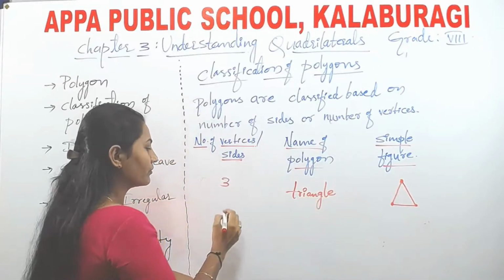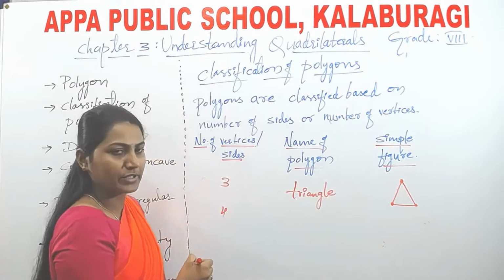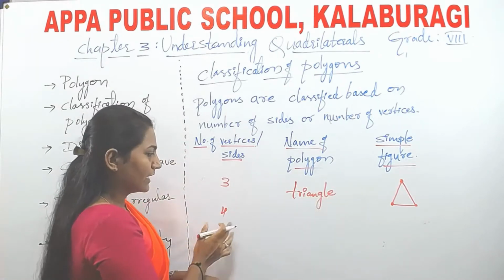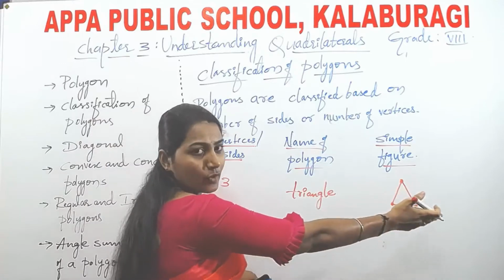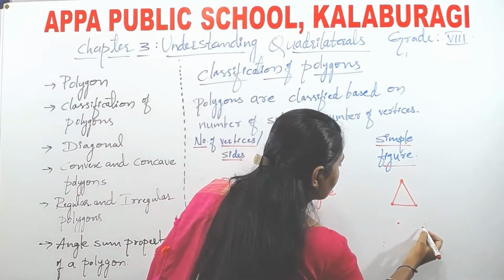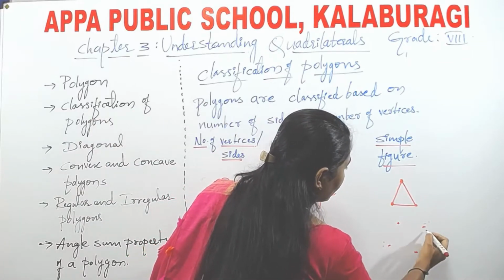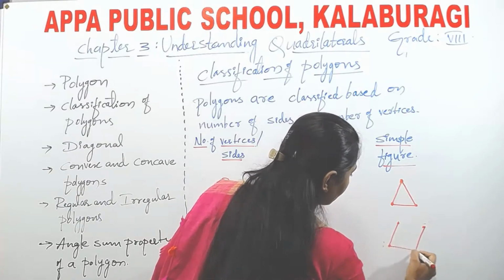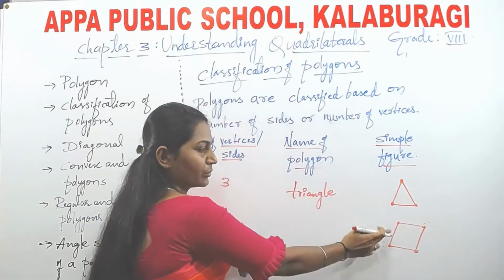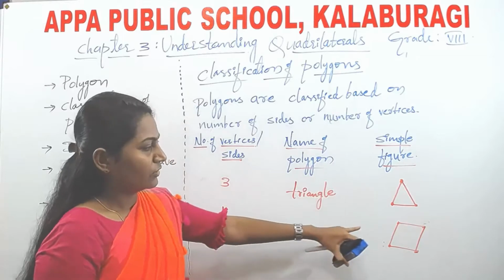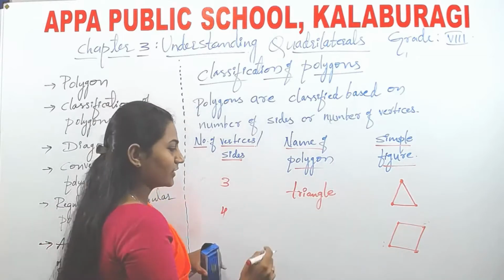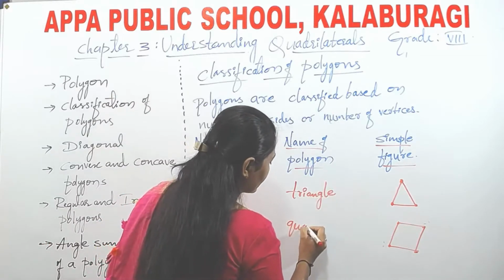Next, if the number of vertices is 4, what happens? Let us name that later, but let's see what happens with any random 4 vertices. What do you call this? I call this a quadrilateral.